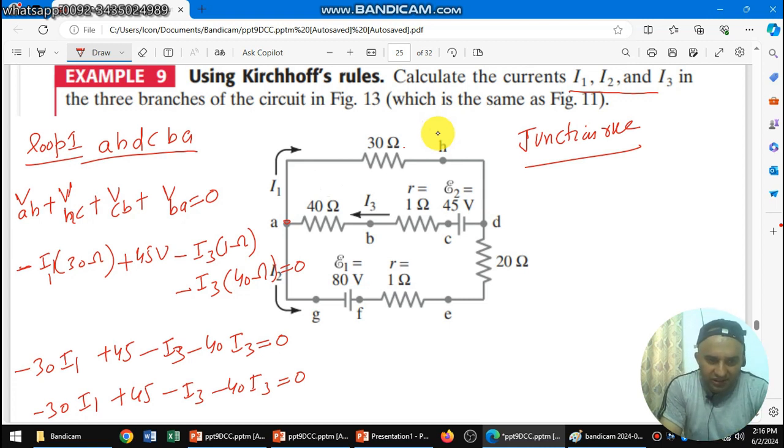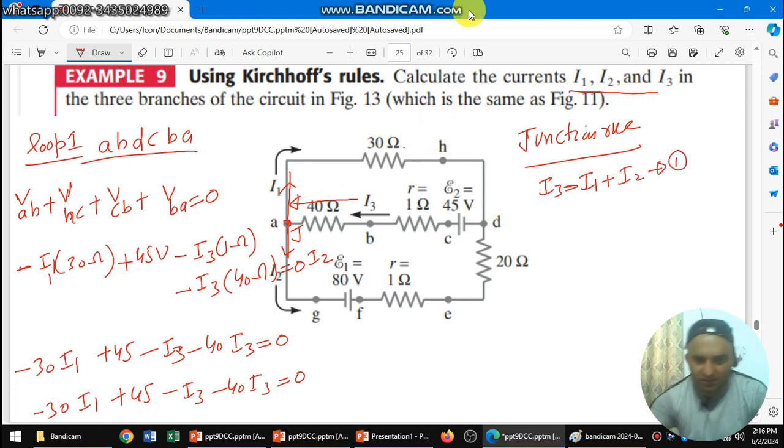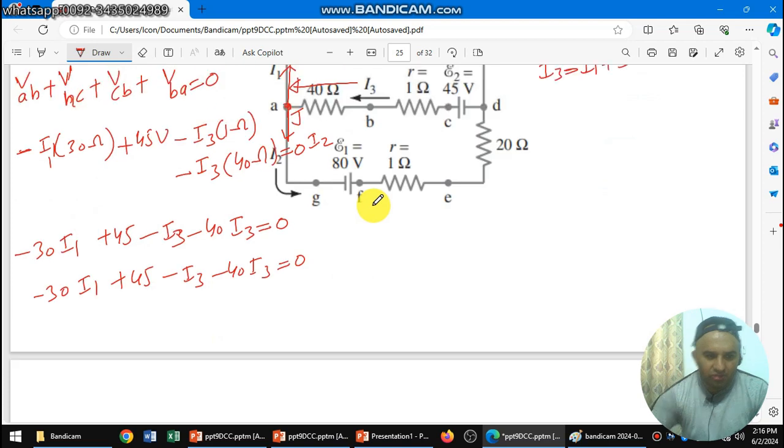You can see that I3 is entering at this junction A. A is the junction, and I1 and I2 are moving away. So I3 is equal to I1 plus I2. This is equation number 1. From loop 1 we have equation number 2.